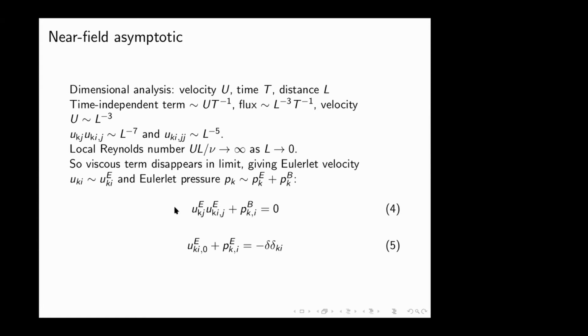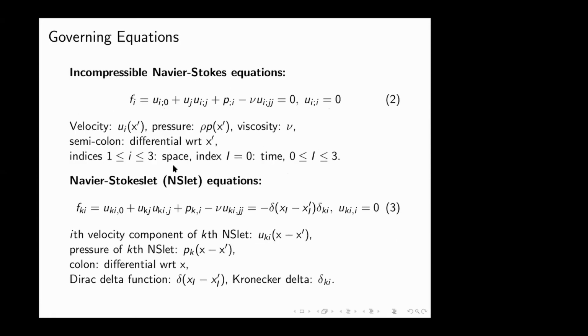If you go back to the Navier-Stokes equations here, this term is going to drop out because asymptotically it disappears because that's a viscous term. And then the pressure I can write as a summation of two pressures, an Euler pressure and a Bernoulli pressure.